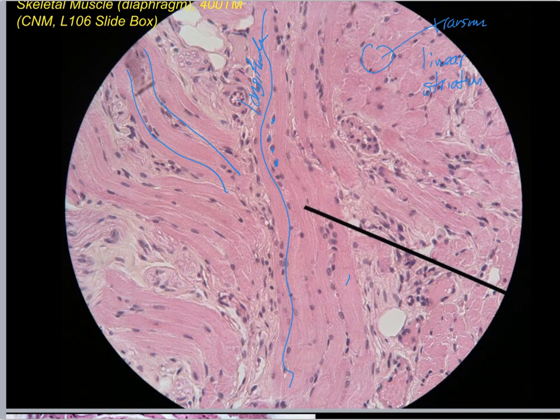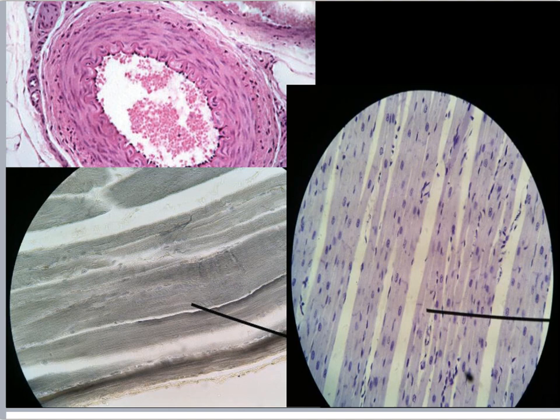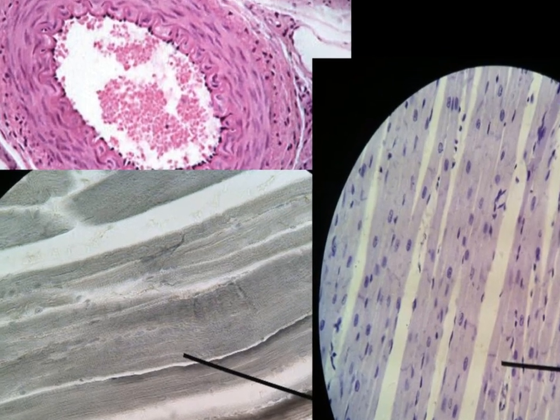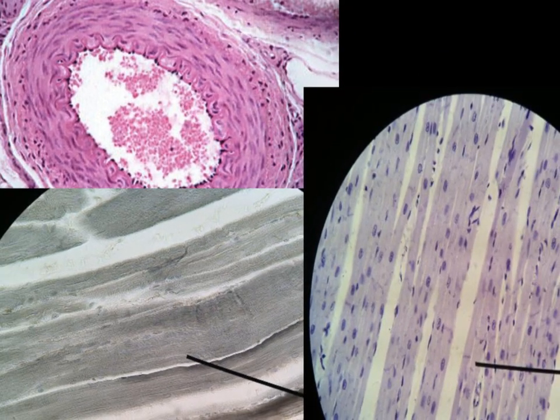All right, next slide. All right, so now we've put them all together. So here is cardiac. There's my intercalated disc. Over here is skeletal. No intercalated discs, long and linear. It's difficult to tell, but both of these have striations.